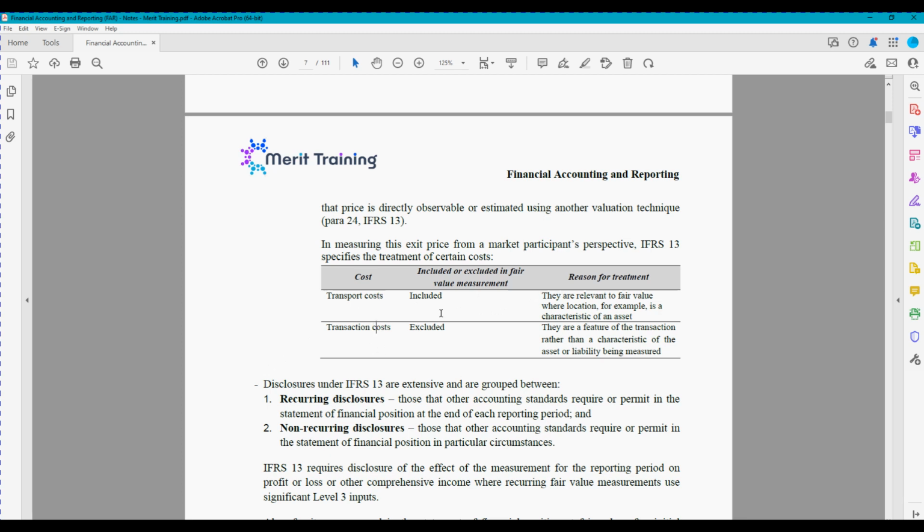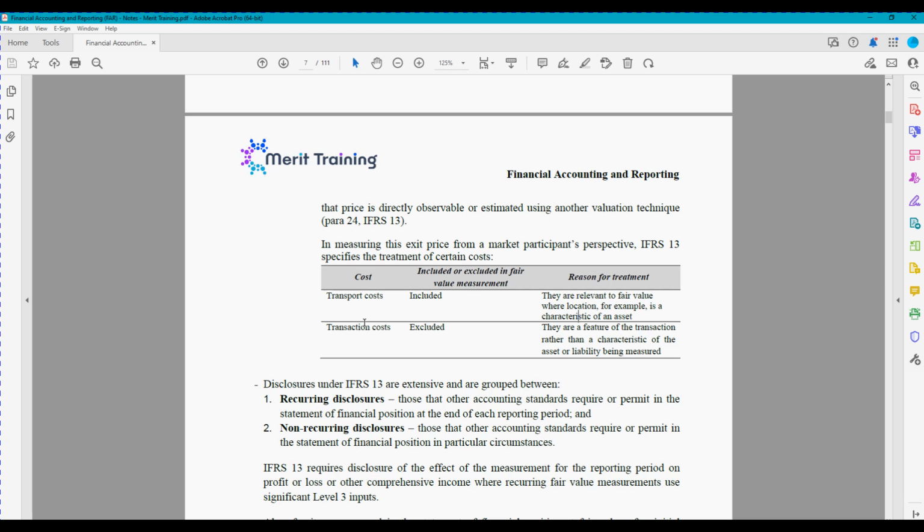Transport costs are about getting the asset that we're selling to a different location. So if we're buying a windmill that needs to be transported back to a different farm as part of the purchase, that would be a transport cost. Whereas transaction costs are things like having to appoint advisors to help you value it and sell it. Therefore, that's a transaction cost.